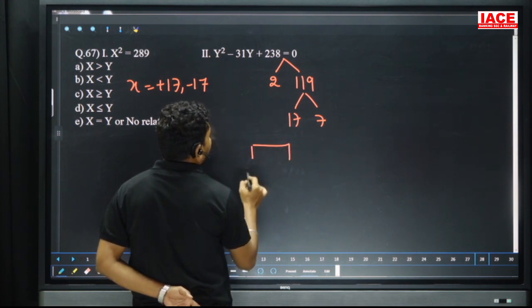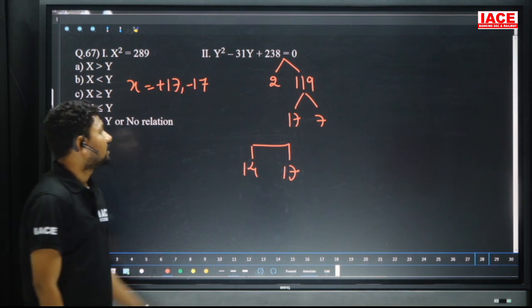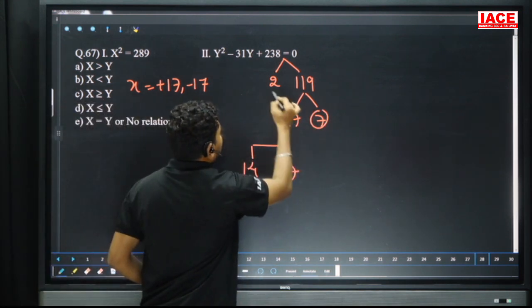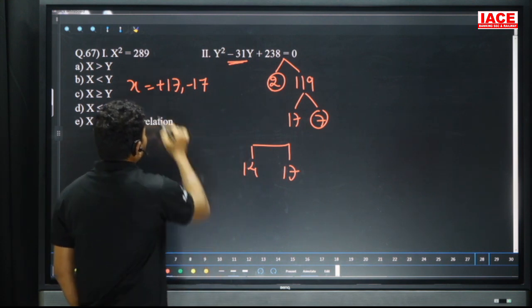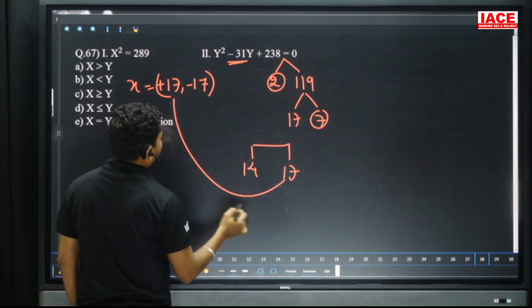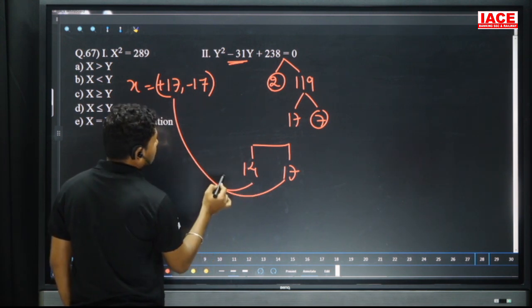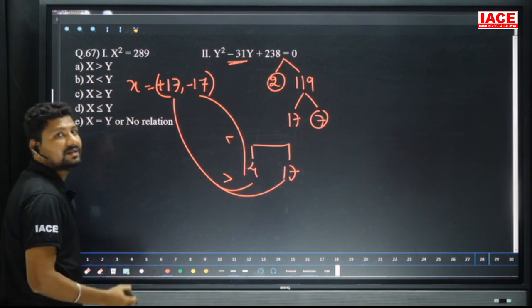What are the factors you will get? 14 comma 17. 7 twos are 14. 14 plus 17 is equal to 31. Now comparing the values here, compare it. Here 17 to 17 equal, and 17 to 14, 17 is bigger, but minus 17 to 14, 14 is bigger.